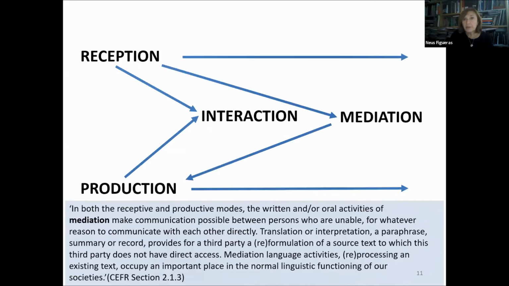There's also a very interesting rendering of a graph that got lost in between the draft publication of the CFR in 1996 and the final publication in 2001, which is highlighted in the companion volume, not only to remind us of what mediation means and where it stands, but also to remind us that the CFR never meant to insist on a 4-skill division or a 5-skill division, but on 4 modes of communication which are related. So this is a way of approaching the companion volume, looking at the first section where a reminder of what the CFR means, I think is very useful.